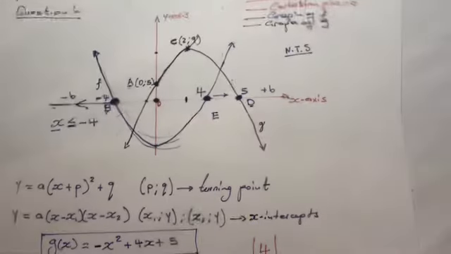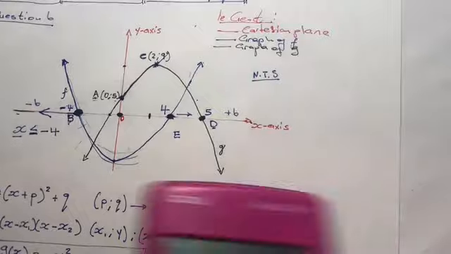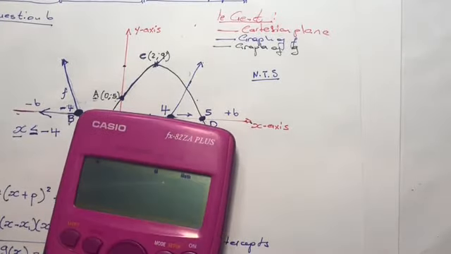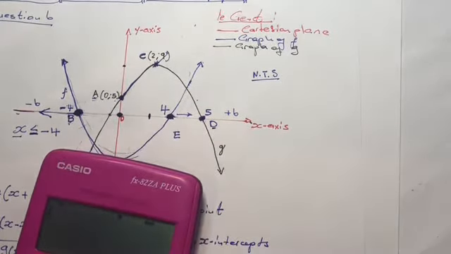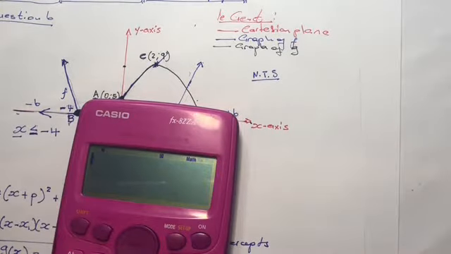So now let's try to explain the second part of our answer. Let's see. We now test with 6. It's 1/2 into 6 close bracket squared minus 8.